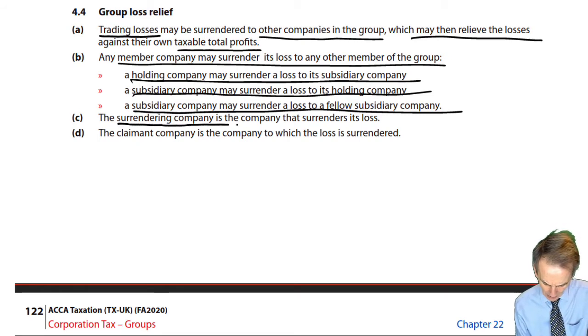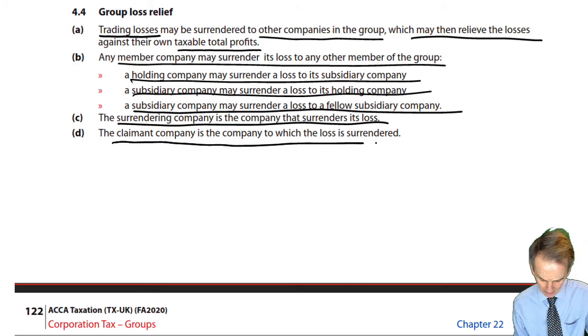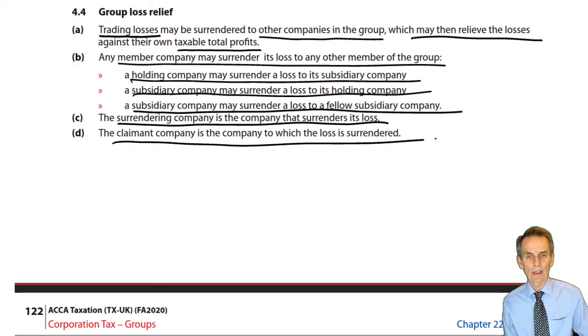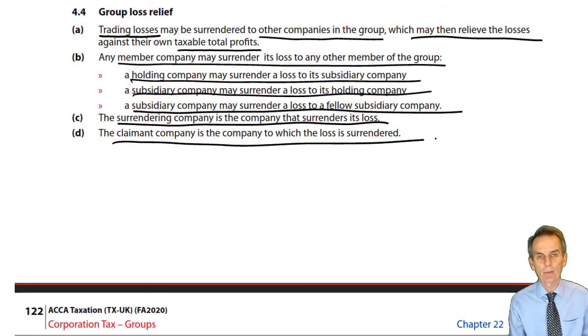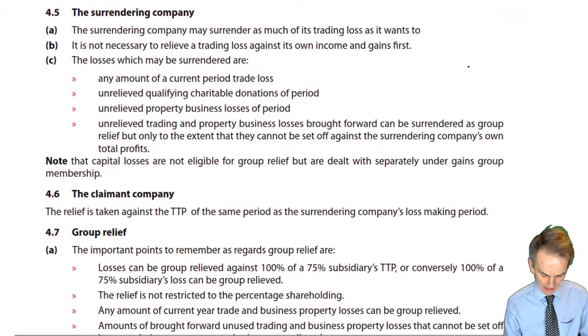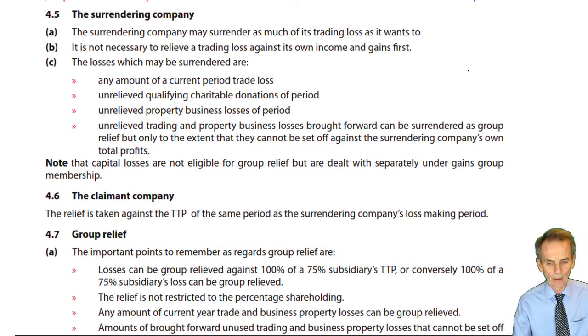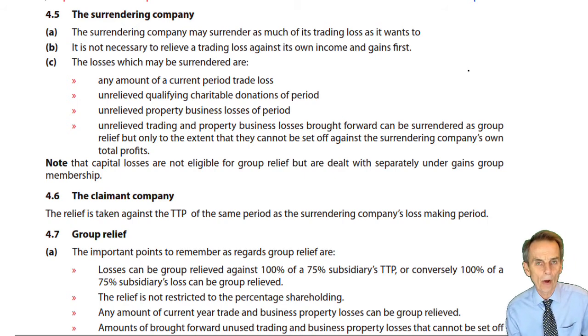The surrendering company, of course, is the one that's made the loss, and the claimant company is the company to which the loss is surrendered, the one that has the profits available to be relieved. And let's just look in a bit more detail, therefore, at the losses of the surrendering company that may be group relieved, and then the profits of the claimant company against which such losses may be group relieved.